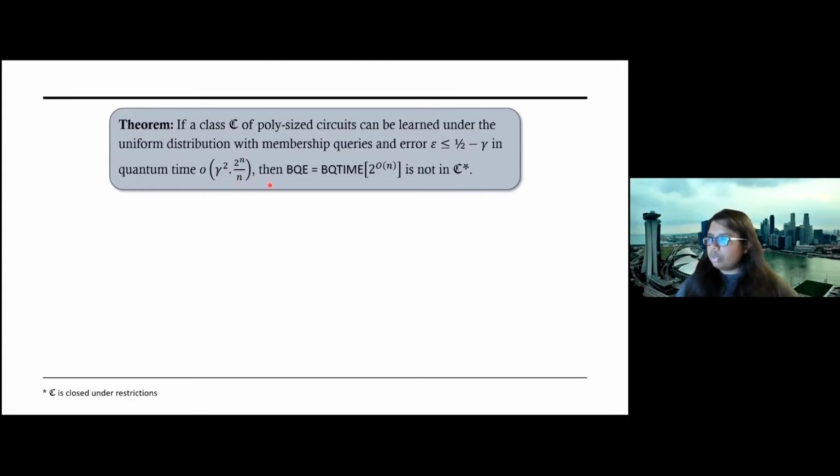If these conditions hold, then I can show that BQE, which is essentially 2 to the O of n quantum time, is not contained in the class C.